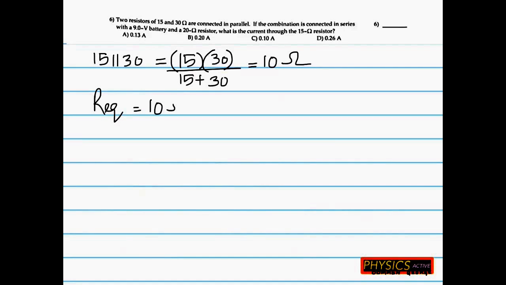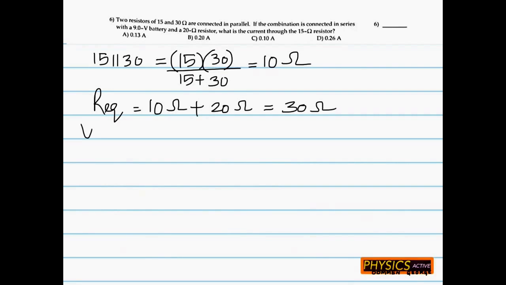Now in this question, 2 resistors, 15 and 30 ohm. This is just like a previous question that we had done. So what you do is find the parallel combination first, product by sum, and then add that to the one in series with that, which is 20. So you get 30 ohms, and then find the current.